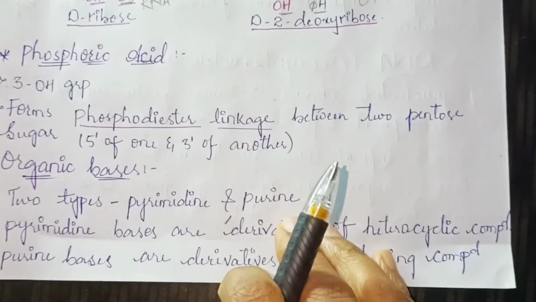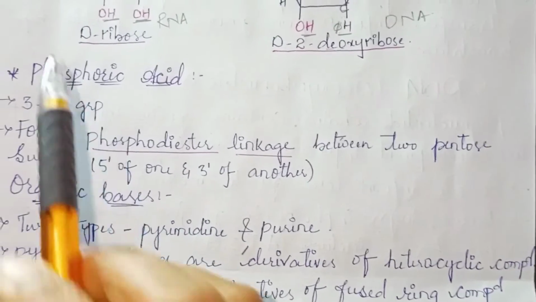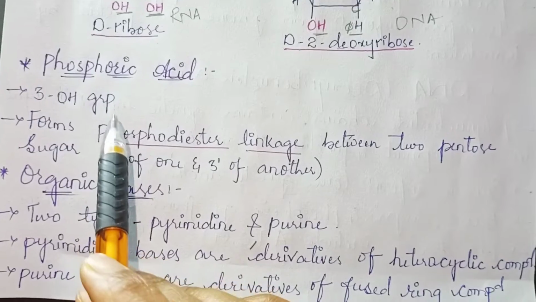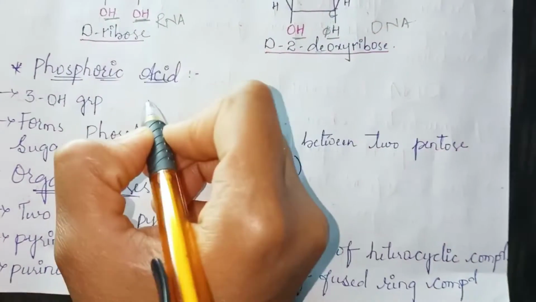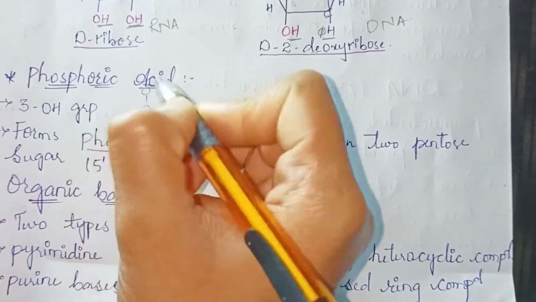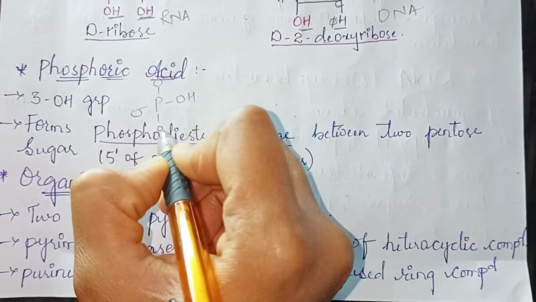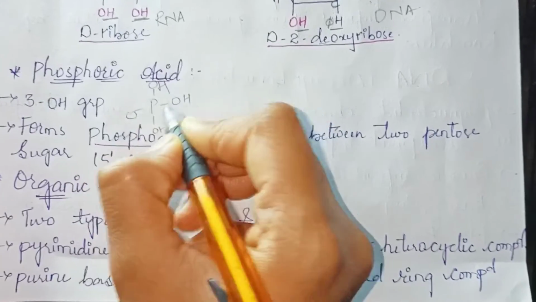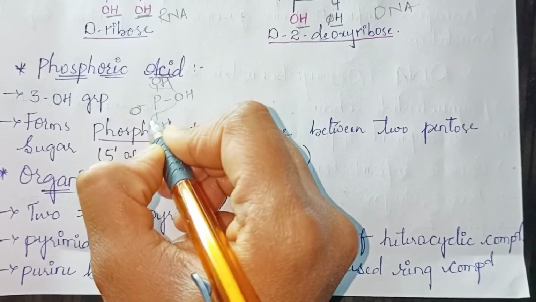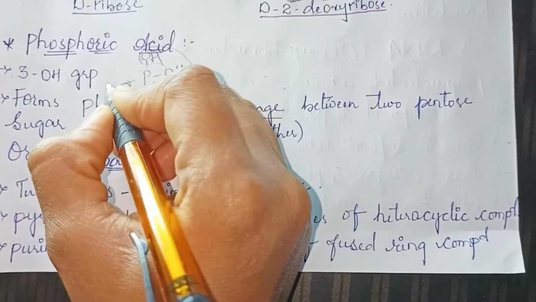Next chemical component of nucleic acid is phosphoric acid. Phosphoric acid consists of one phosphorus and 4 oxygen atoms, and we have 3 OH groups attached to the oxygen. So with 1 phosphorus we call it phosphoric acid.